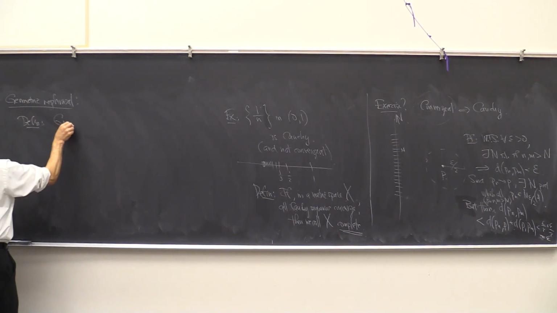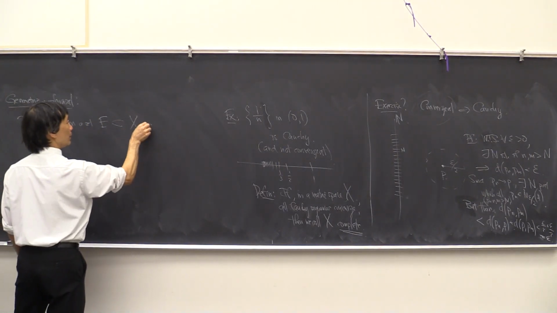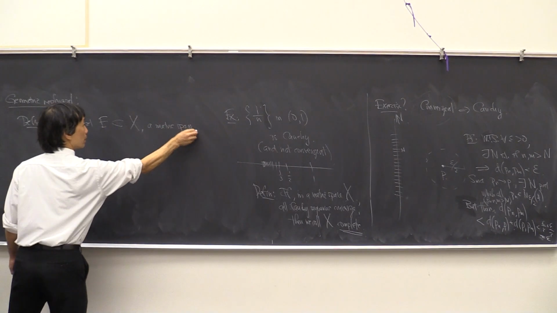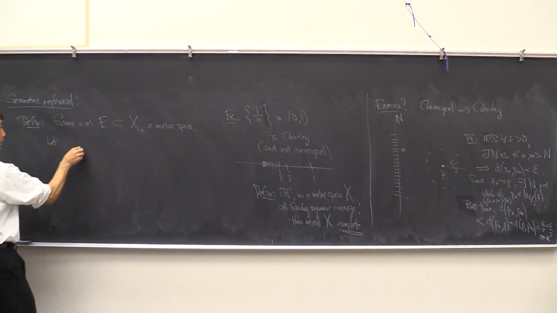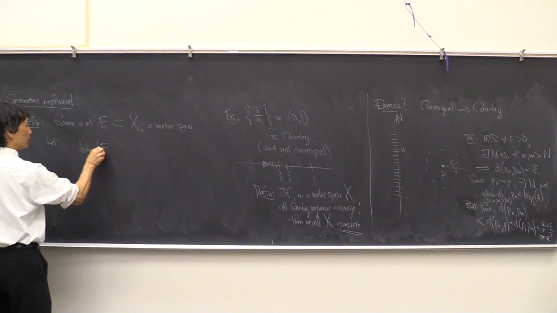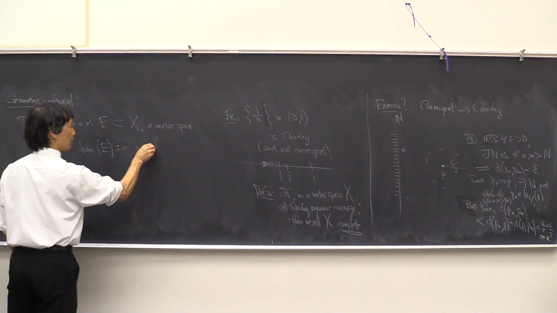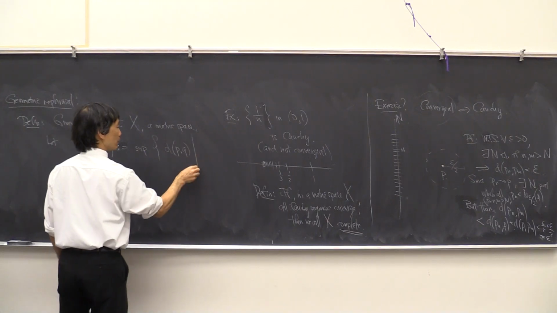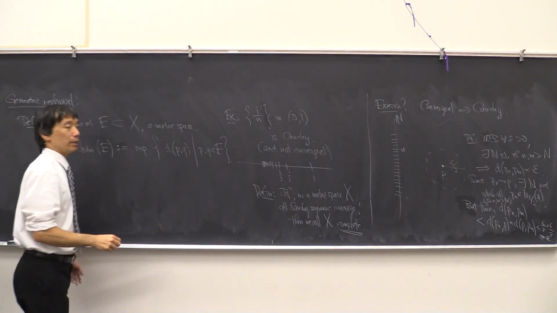Given a set E in some metric space X, let diam E denote the supremum of the set of distances for pairs of points inside your set.